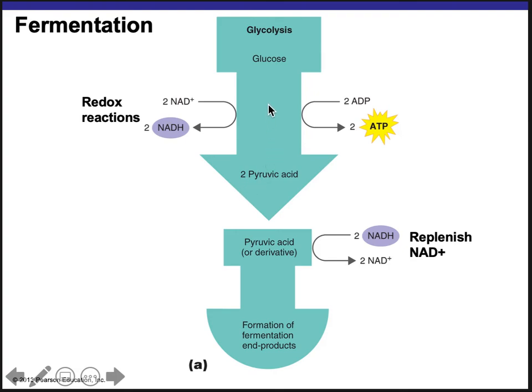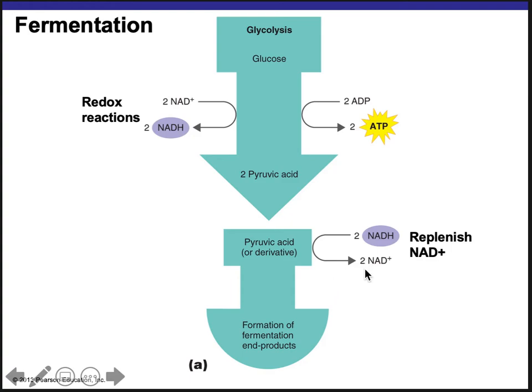For us, we use enormous amounts of energy. We're a huge organism, and so what we do is that we will actually turn pyruvic acid into lactic acid, right? That's the burn you feel when you work out real hard. And then we will take that and turn it back into pyruvic acid once oxygen's available and finish what we started and get the rest of the energy out of those molecules.